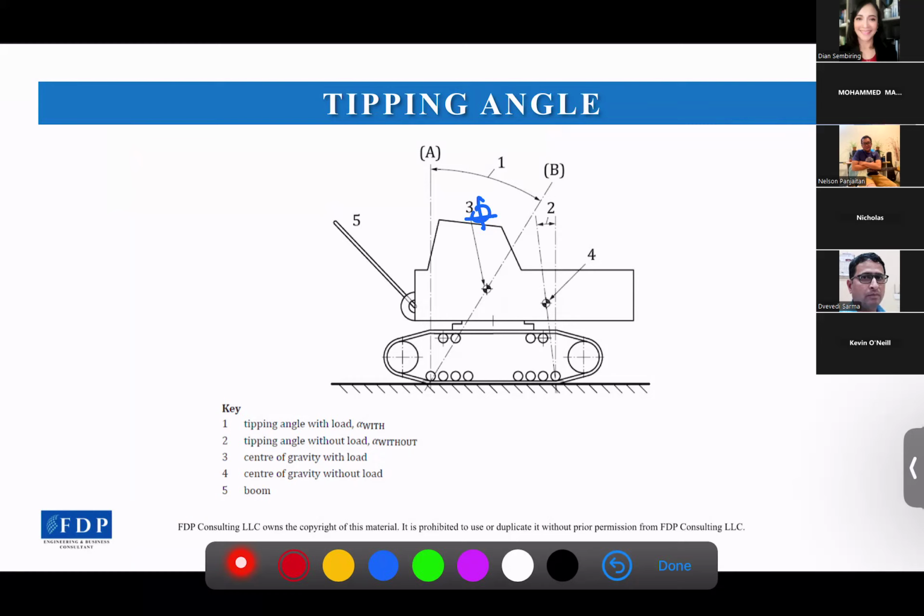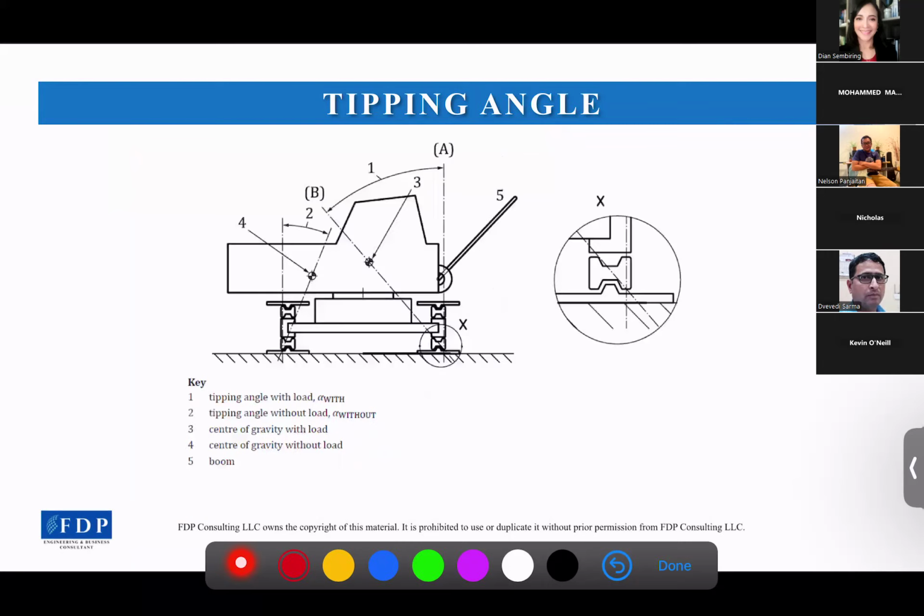Then it will make the tipping angle smaller, potentially causing tipping during the lifting operation.